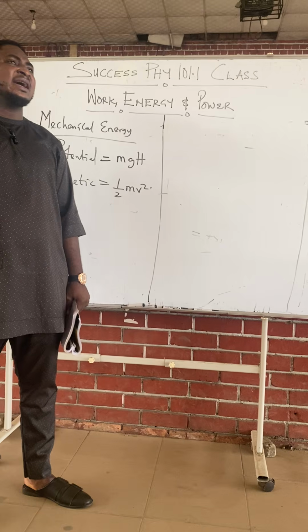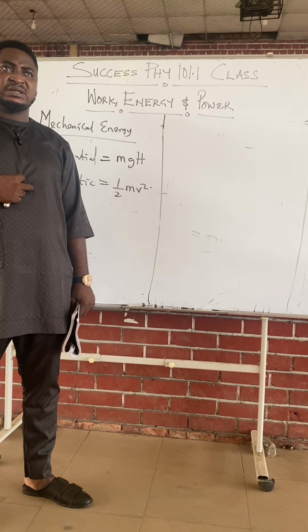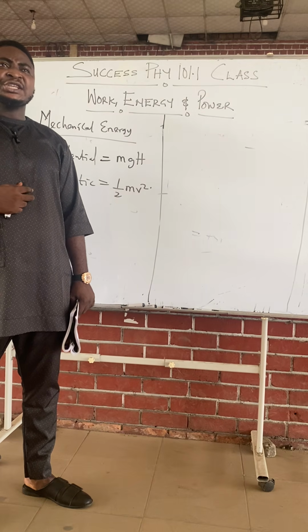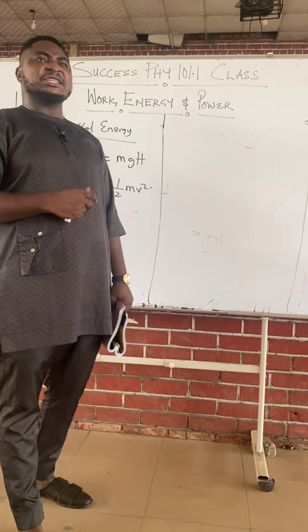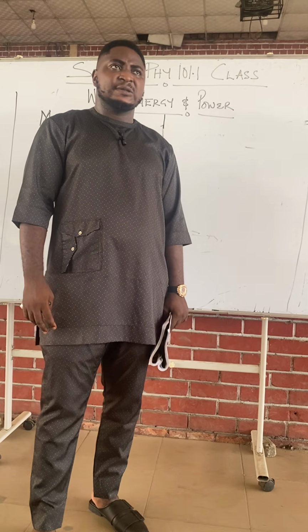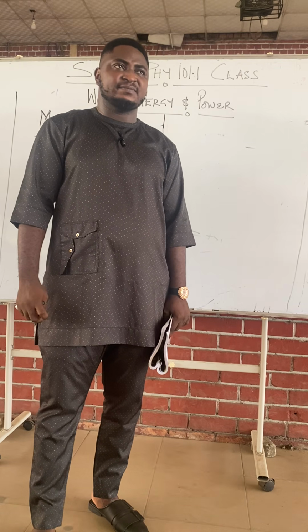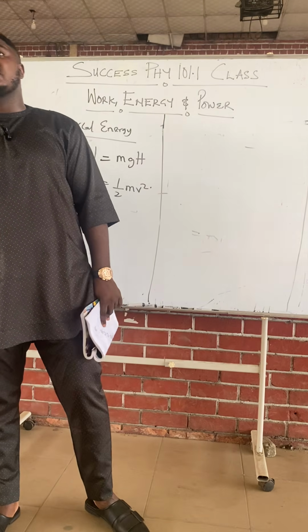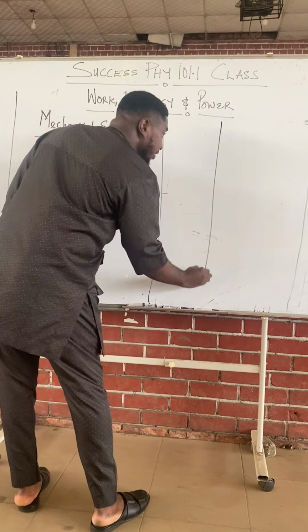The law of conservation of mechanical energy states that the total mechanical energy of a body at each point of motion of the body is a constant. Total mechanical energy of a body at each point of motion of a body is a what?